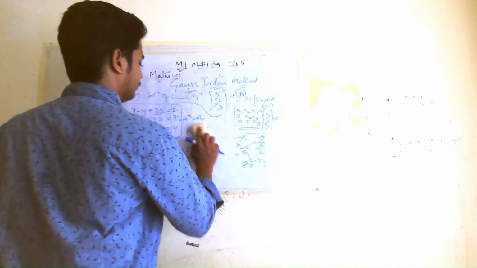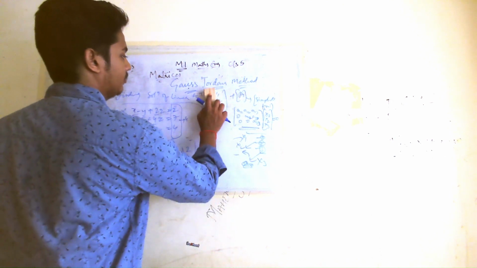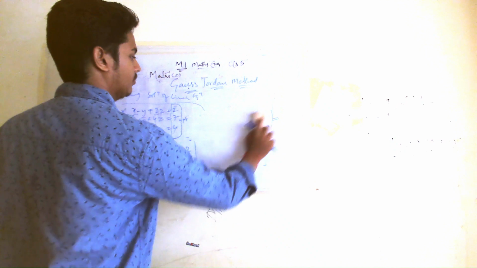Now I will do some operations. R2 becomes R2 minus 2R1, R3 becomes R3 minus 4R1. Now see here.